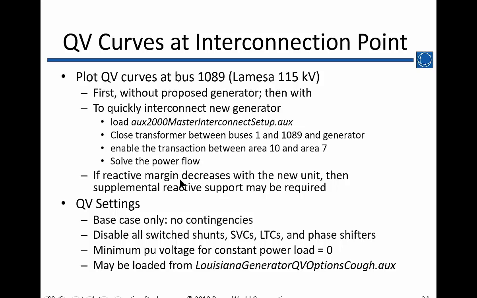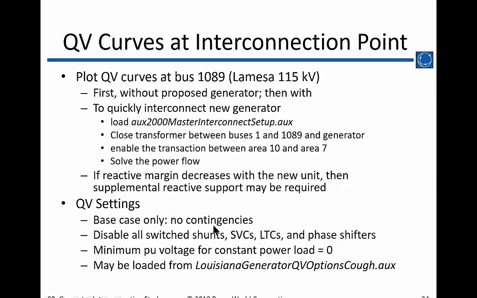So to look at QV curves at the interconnection point, kind of like what we did with the contingency analysis, we might want to examine a before and after. So run it without the proposed generator and then run it again with the proposed generator. And we might say that if the reactive margin decreases, then we might need some supplemental reactive support in that region.